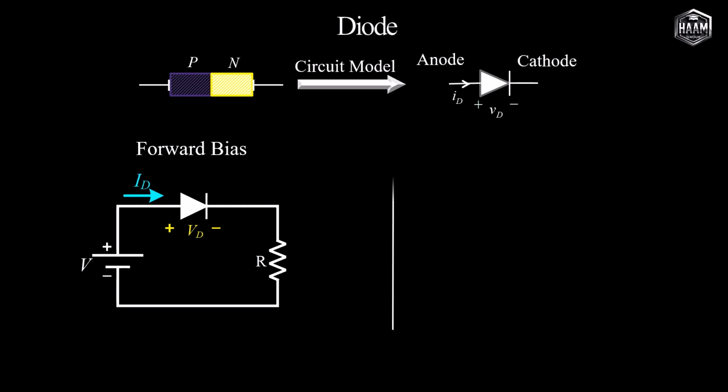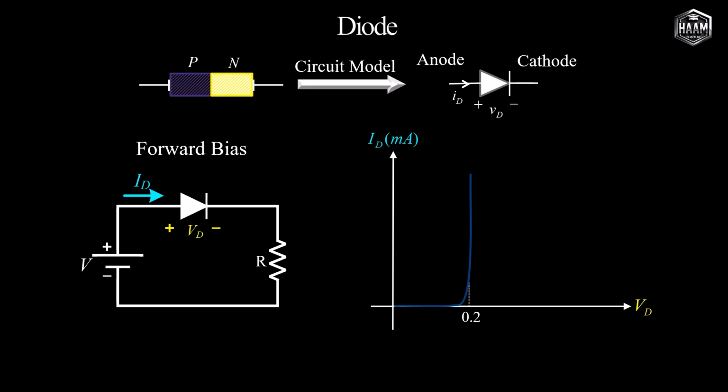We therefore wish to plot I_D in milliamps as a function of the diode voltage. As noted, in this case, below a certain threshold voltage denoted V_gamma, the current remains approximately zero in the forward bias region. Beyond this threshold, the current increases exponentially.